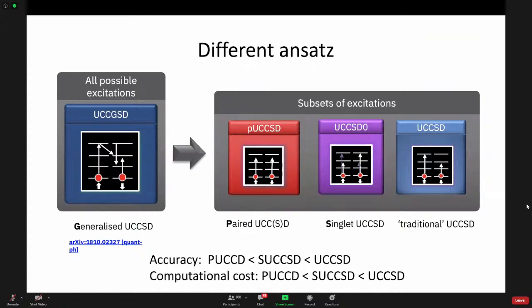But here, we only consider one of them to reduce the computational cost. So by doing that, we lose accuracy a little bit, but we gain a lot in reducing the computational costs. So it's the accuracy versus the computational cost.